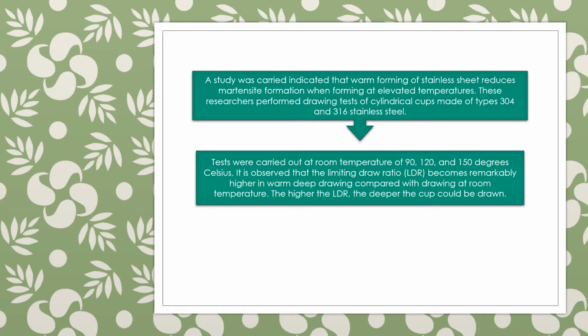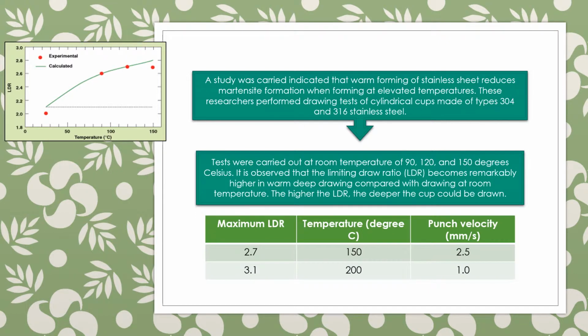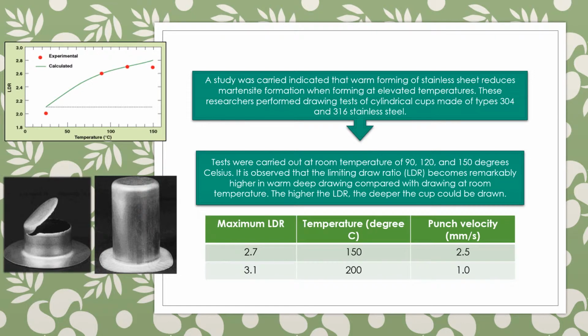It is observed that the limiting draw ratio, LDR, becomes remarkably higher in warm deep drawing compared with drawing at room temperature. From the graph shown, it can be seen that LDRs obtained at different temperatures from experiments and simulation for type 304 stainless steel displayed good correlation.